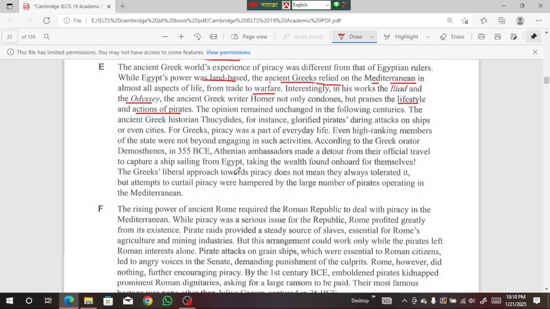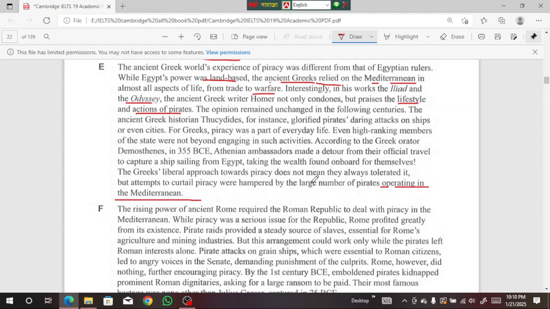We'll now read the last two sentences. The Greek liberal approach towards piracy does not mean that they always tolerated it, but they attempted to curtail piracy, hampered by the large number of pirates operating in the maritime area.